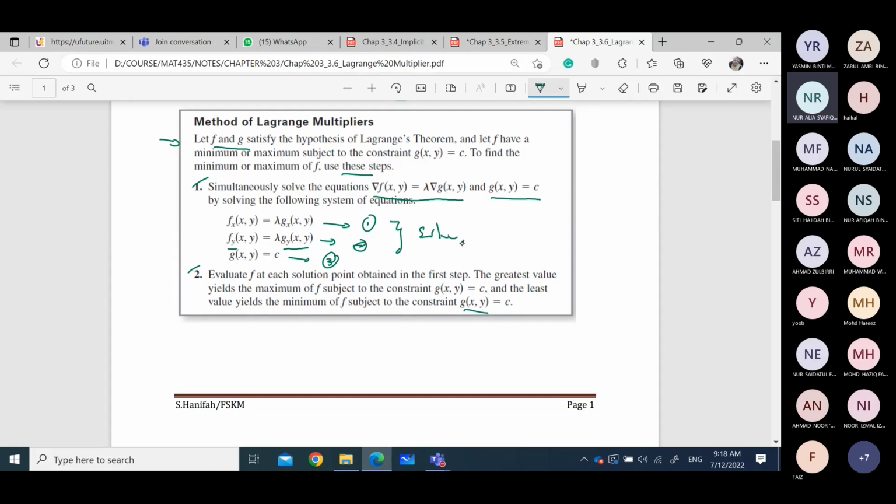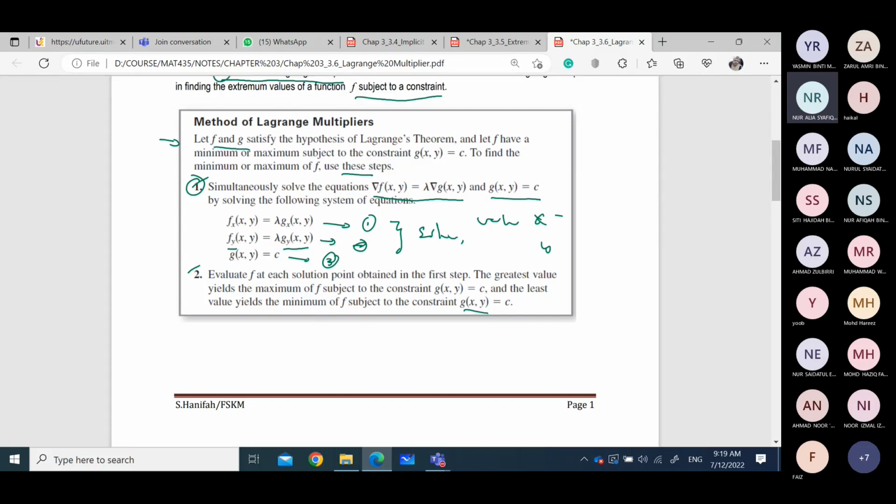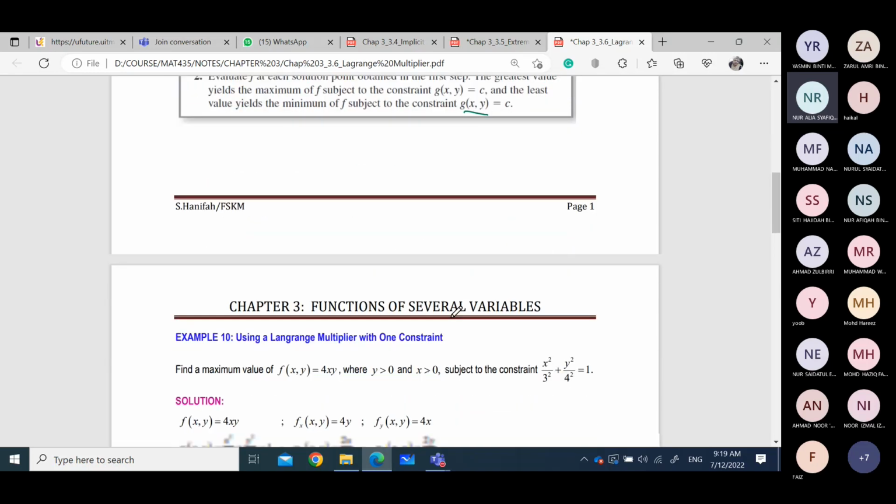You solve to find the values of x and y. That means here you get the values of x and y and you will have the possible points. So the possible points are found in this step. Alright. Do you understand? Not clear? So let's look at an example.